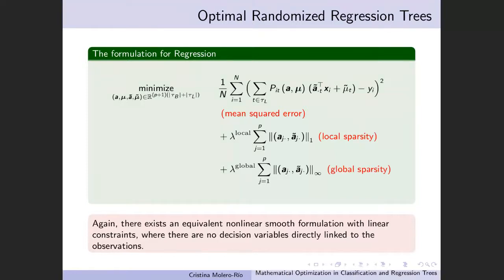For the mean square error, we need to define which is our prediction at each leaf node. Here, instead of considering a constant prediction, we also allow the model to give a linear prediction. So for that, we need to define these new a tilde and mu tilde decision variables, but that are also continuous.